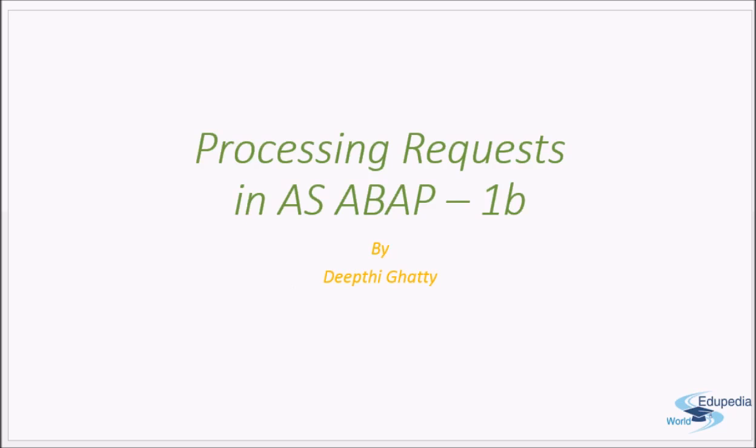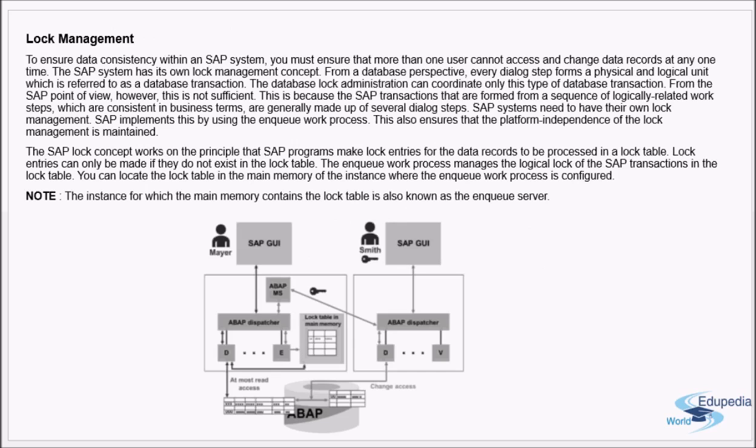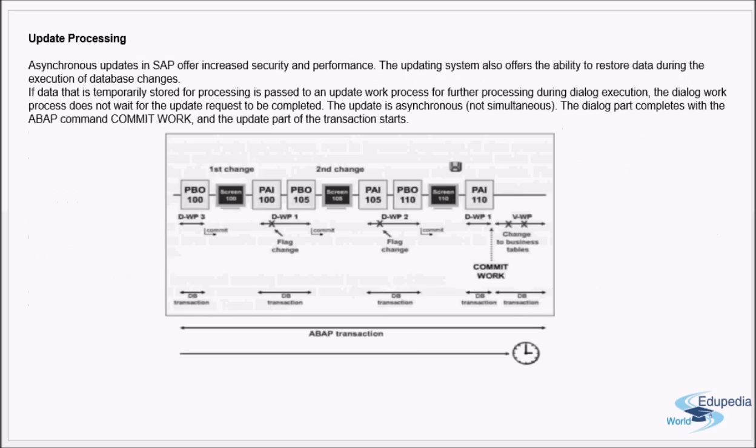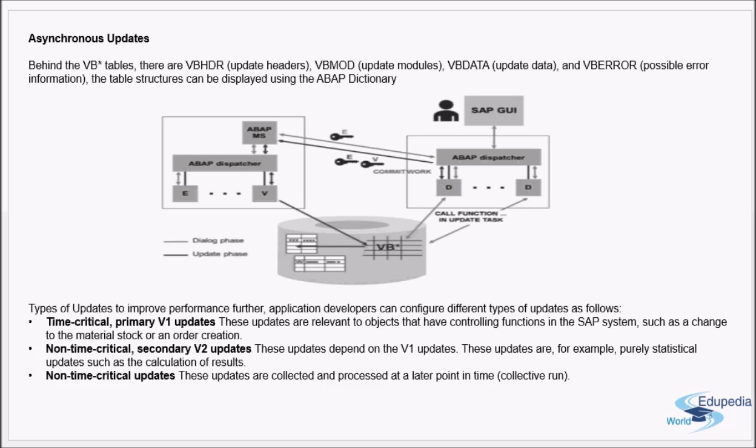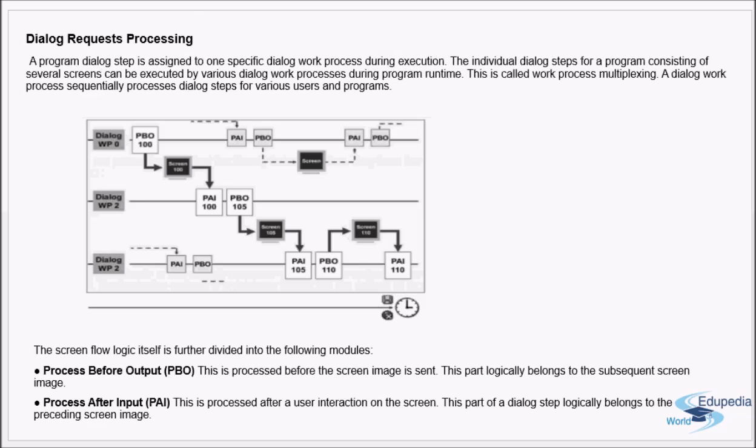We'll see the dialog first, then we'll move on to the lock, that is the enqueue work process, and we'll see the update work process, the other work processes, that is the spool, batch, and the other services like the ICM and the gateway service.